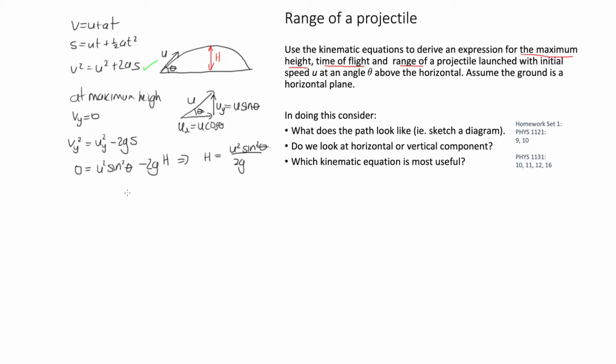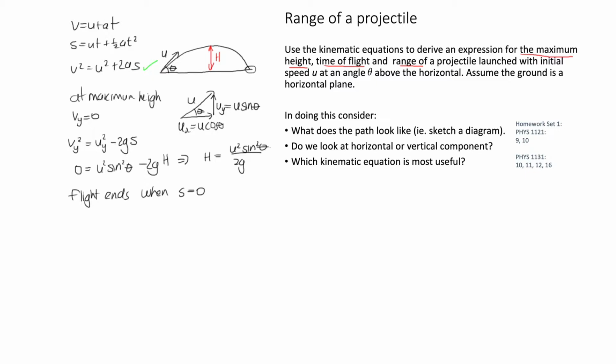Now next, we're asked to calculate the time of flight. Now, like we did here, we defined what happens at the maximum height. Well, the flight ends when it reaches the ground over here. So flight ends when s is equal to 0. So if we can find when s equals 0, then we've got our time of flight.